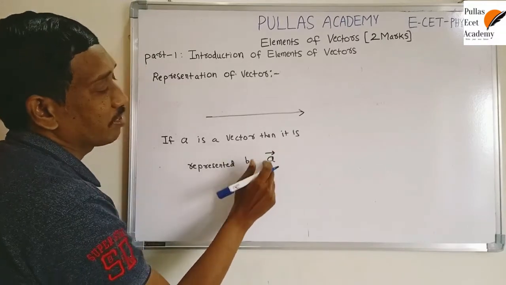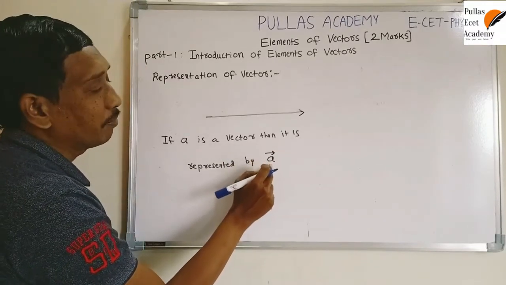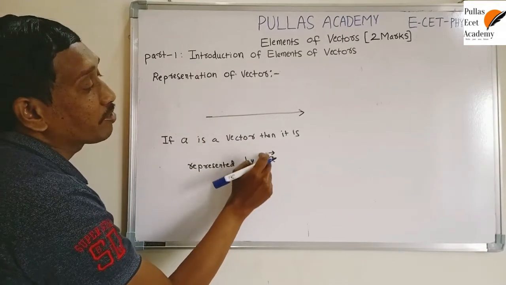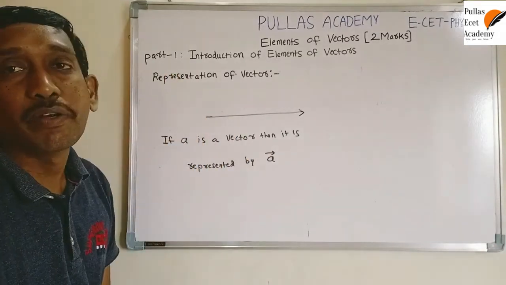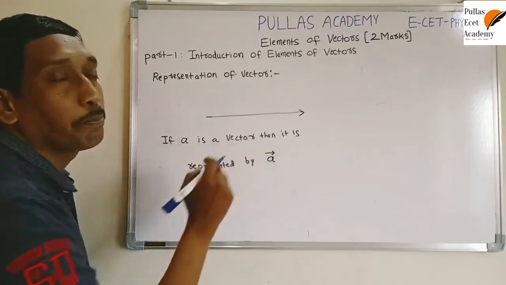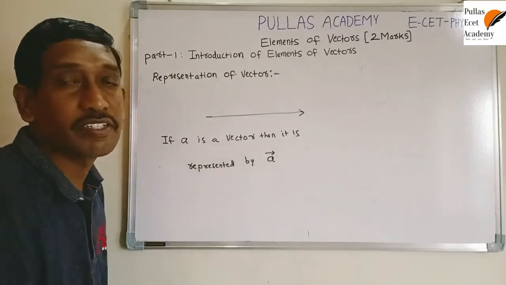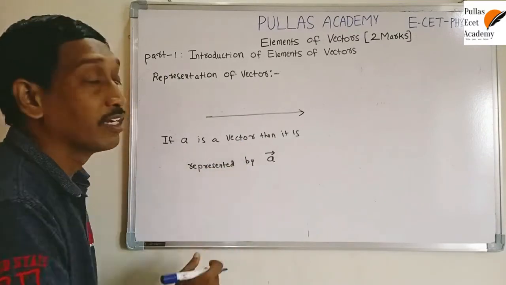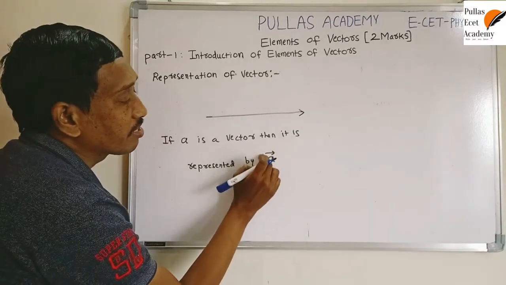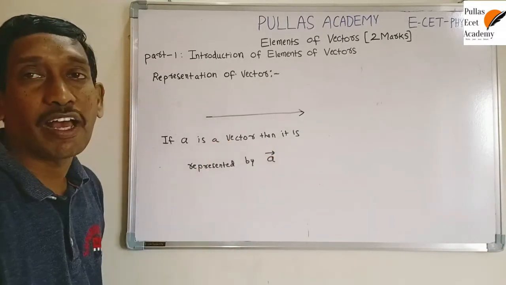Write it like this: first write the symbol and place an arrow above the symbol. Then you get the vector representation. This is called a line segment with an arrowhead.